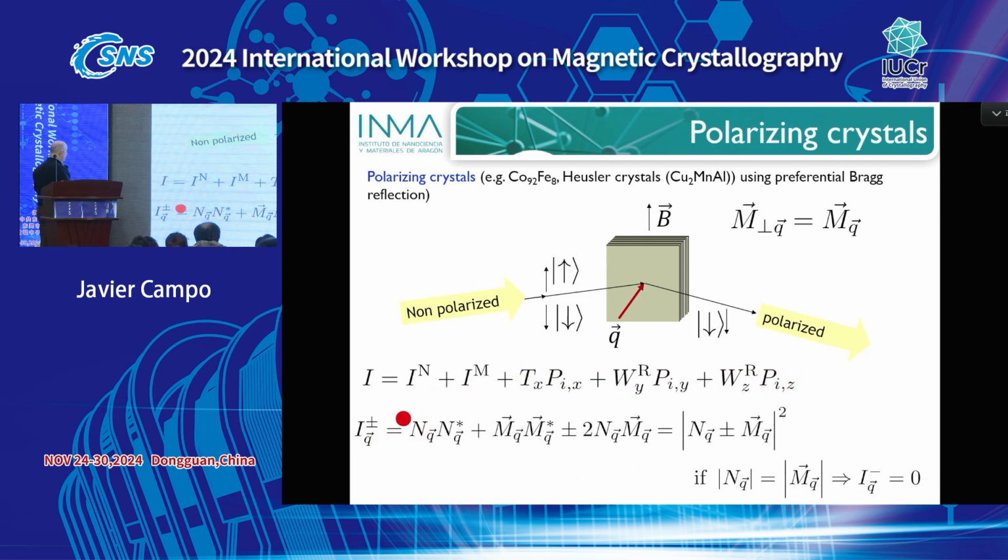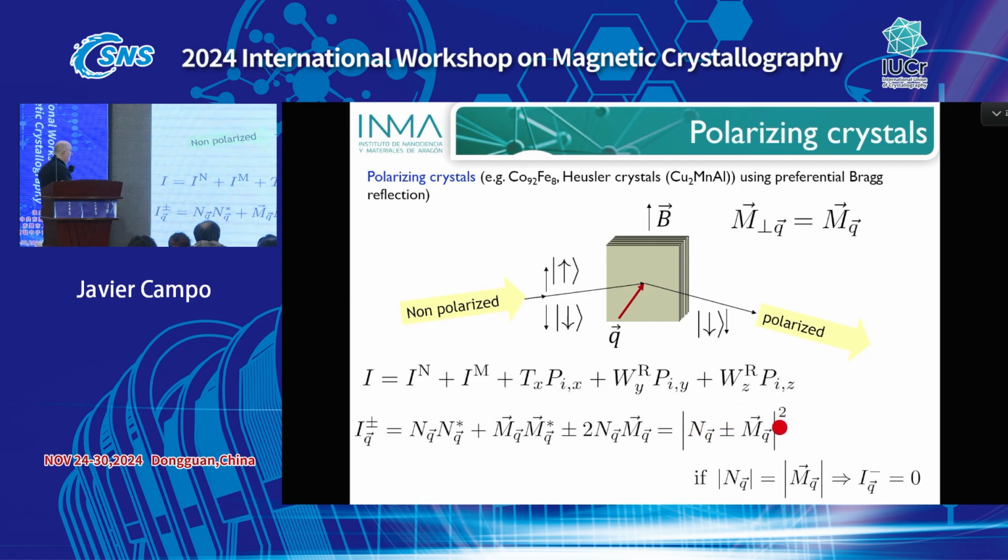And you can take what is happening when polarization is 0 here, and you will see that here we have this plus minus.